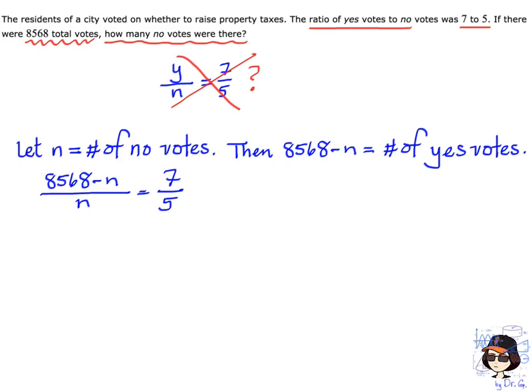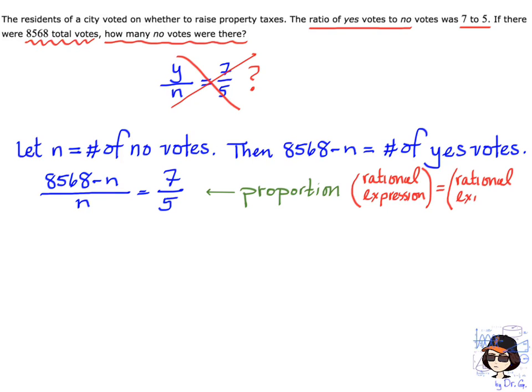And now, remember, a proportion is a special kind of equation where you have a single fraction equals another single fraction. So a fraction or rational expression on each side of the equation. I'm not adding any fractions.